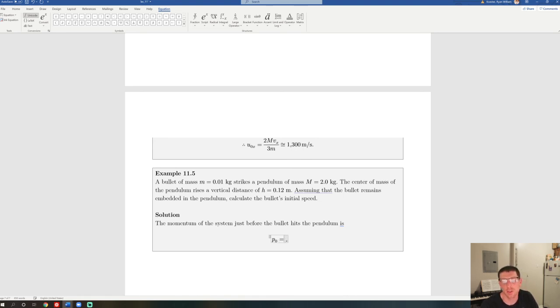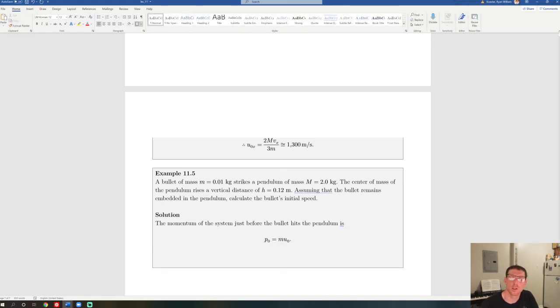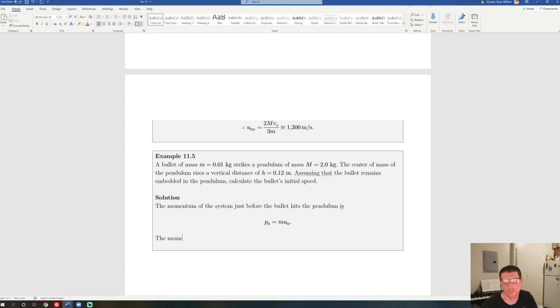So this is just going to be m u naught, right? And this is the momentum of the system when the bullet is very, very close to hitting the pendulum.